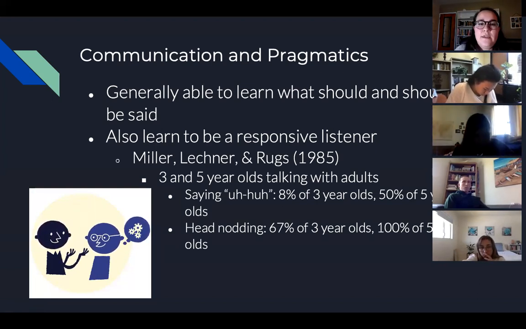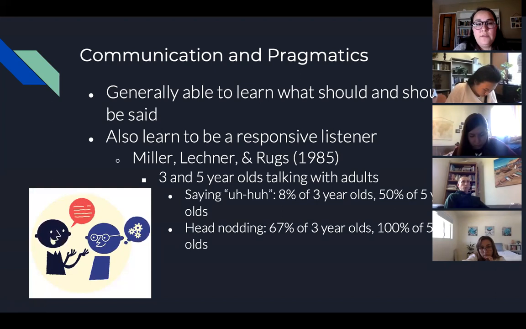They found that there's a big difference between the 3-year-olds and the 5-year-olds. For example, with saying "uh-huh" in a conversation with an adult, the majority of the 3-year-olds were not doing this, but about half of the 5-year-olds were.